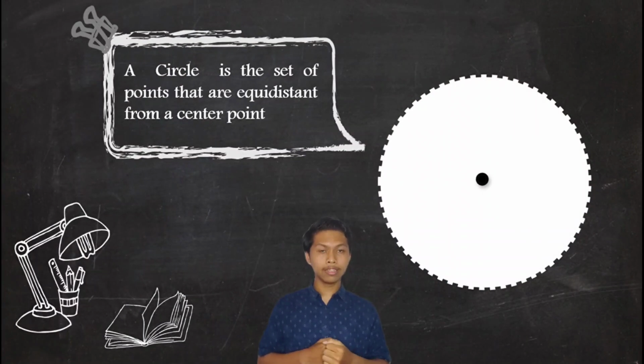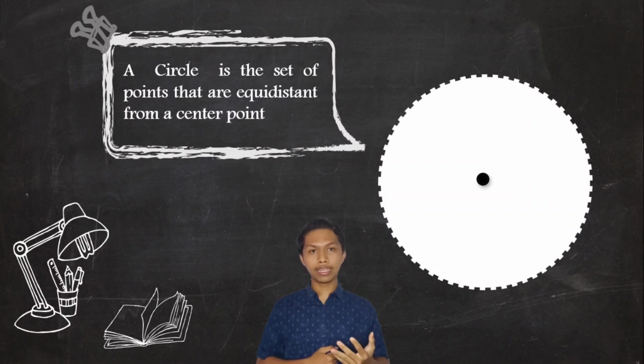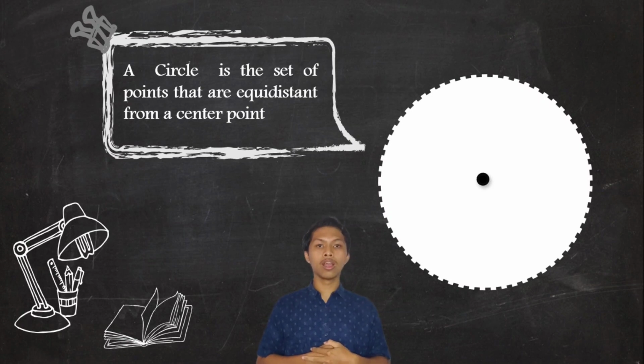But mathematically, what is a circle? In geometry, a circle is defined as the set of all points that are equidistant from a single point. To understand this, pay attention to that point. We call it the center point.